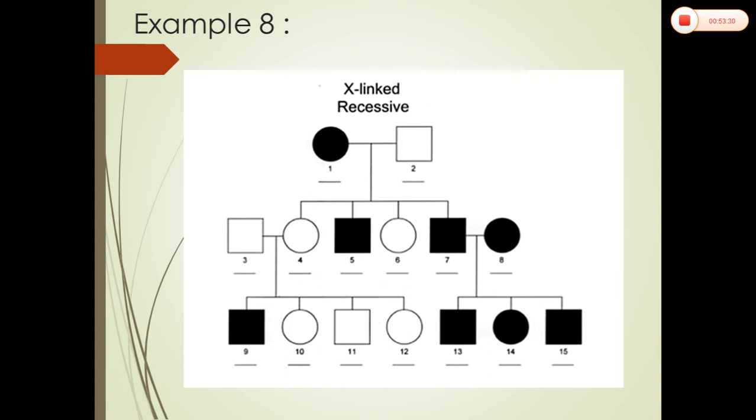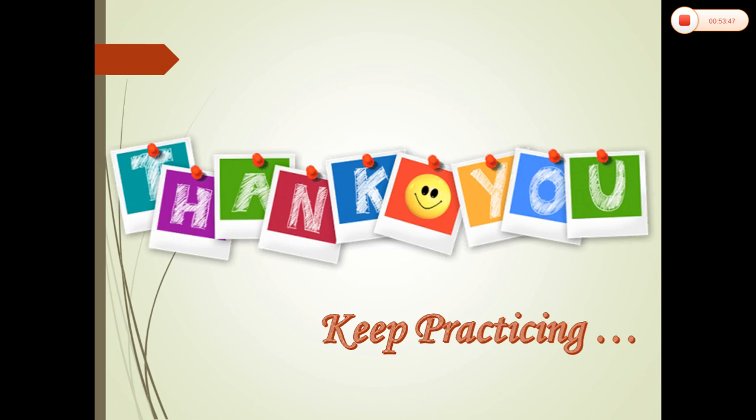The fourth son, which is affected, marries an affected woman, so obviously all their kids will be affected. Fine. So this is the example of X-linked recessive. Today we learned what is meant by pedigree analysis, in what way we identify a particular pedigree, what types of symbols we use, and how we read a particular type of pedigree.